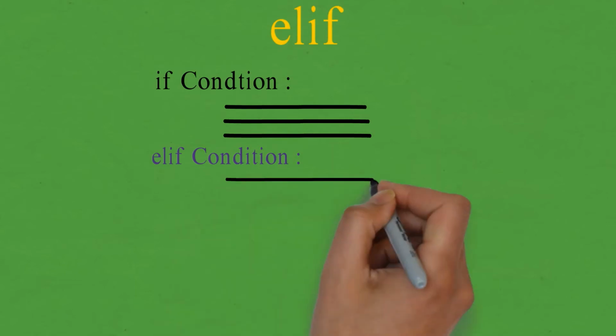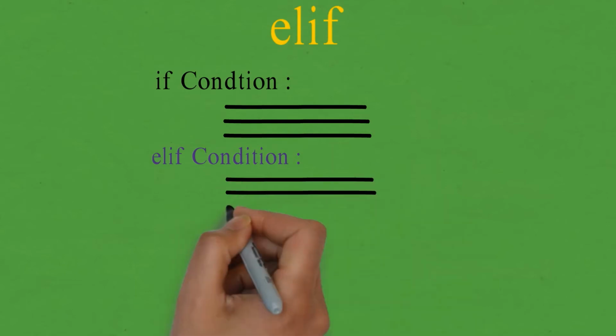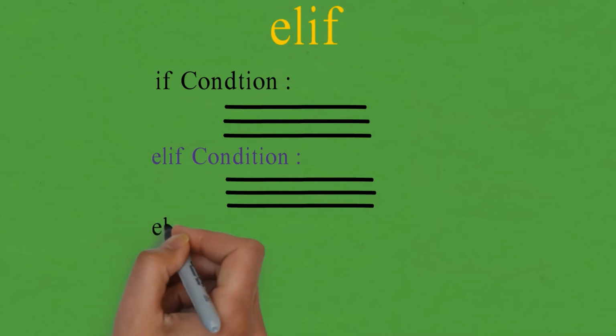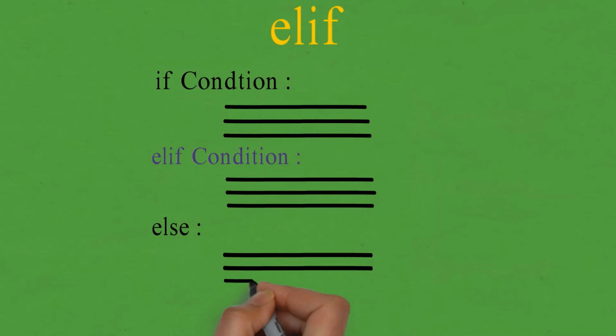So first write elif, then space, then our second condition, and then the colon. Next, the code that should be executed when the elif condition is true. Make sure it is indented. And after that our regular else with colon and the block of code under it.